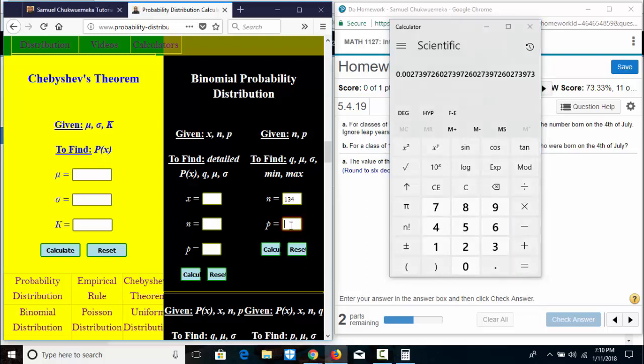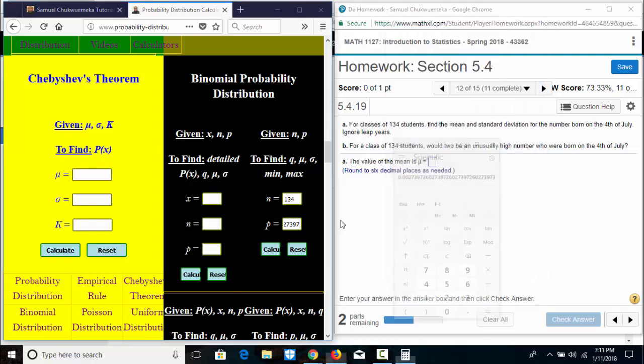So let's use this to 7 decimal places. That would be 0.0027397. Okay.